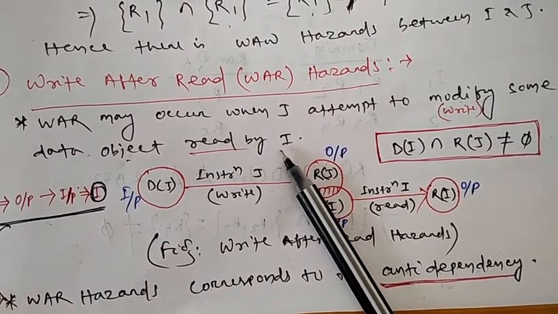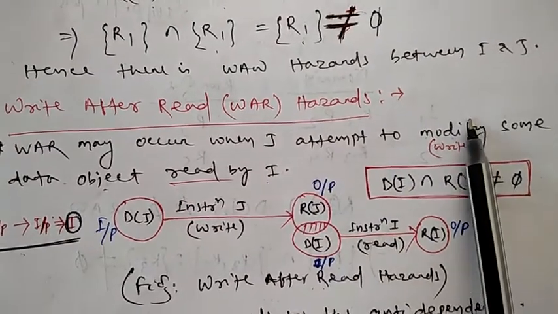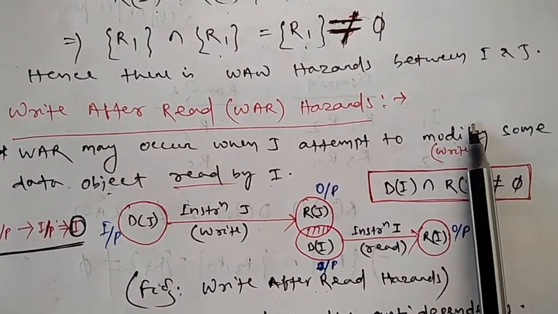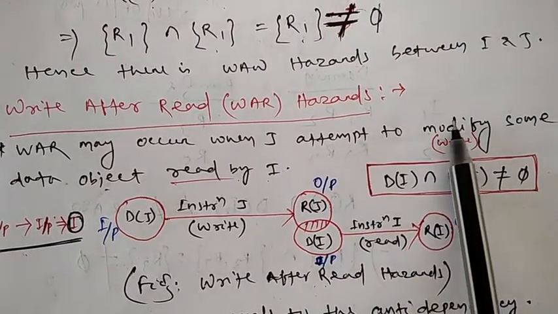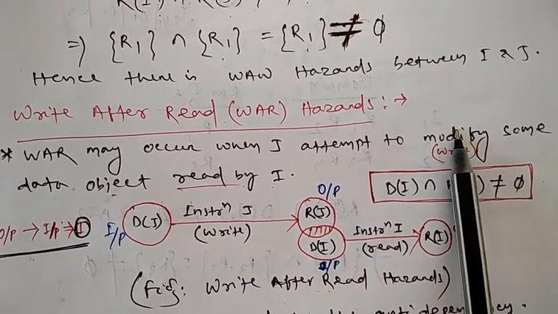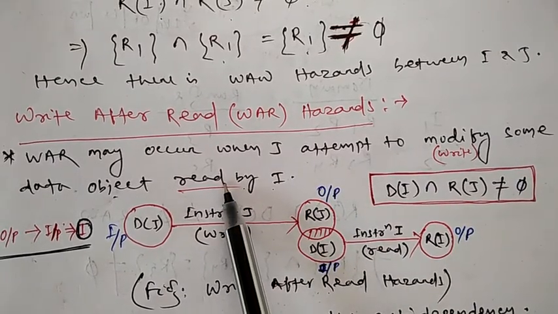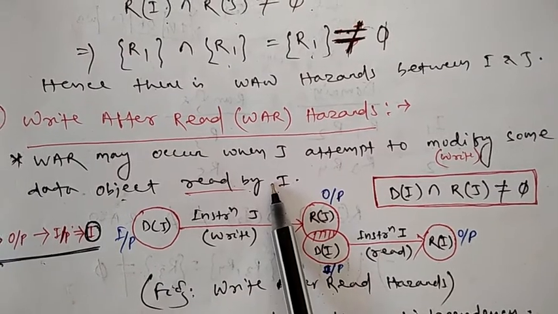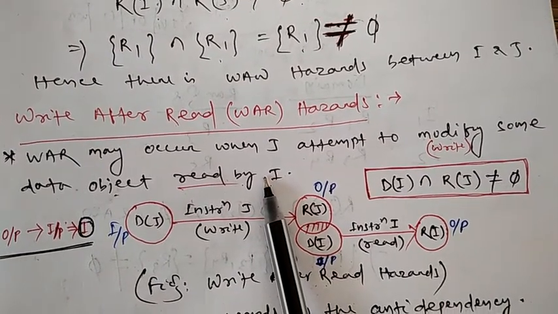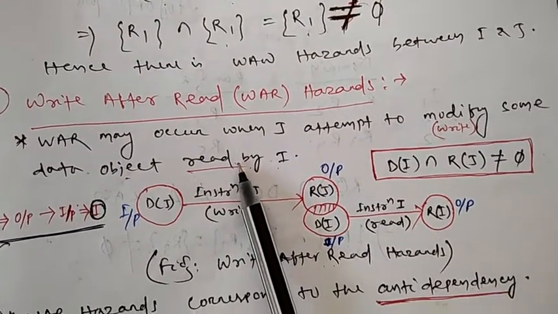First I has to read, after that j can modify the data. But here j is trying to write before I reads. If j writes after I reads, then there will be no problem.